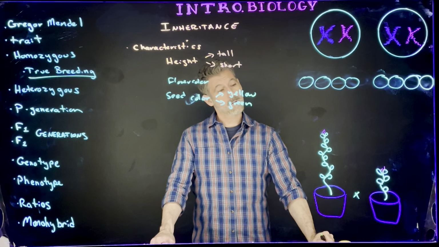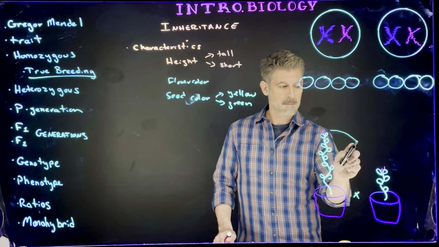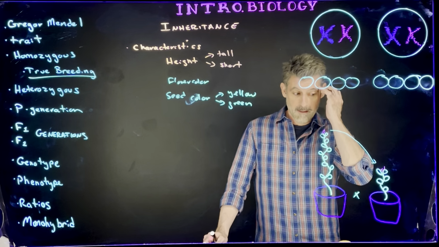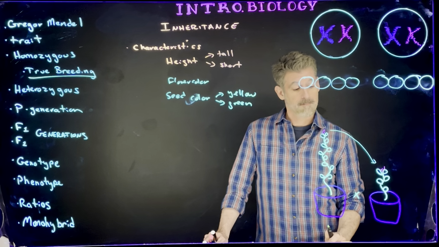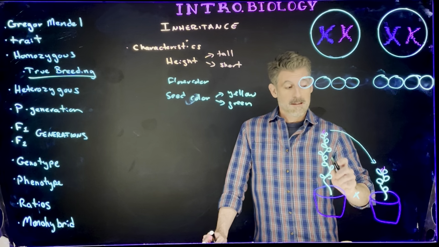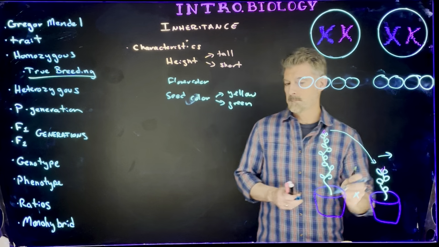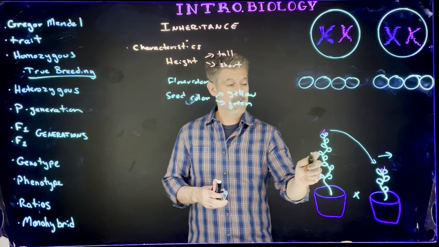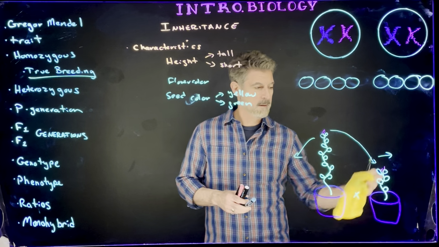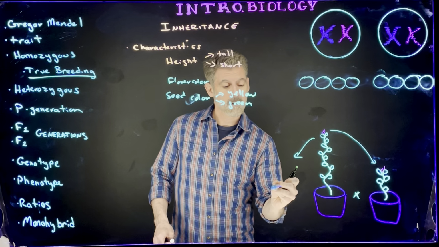Mendel says, okay, what if I fertilize a short plant with pollen from a tall plant? What's going to happen here? So he did this experiment. Actually, I'm going to do it the other direction here because I'm going to draw a few things in a row.